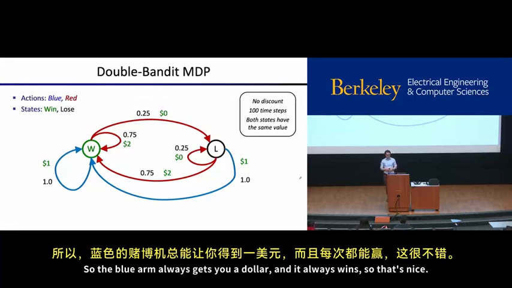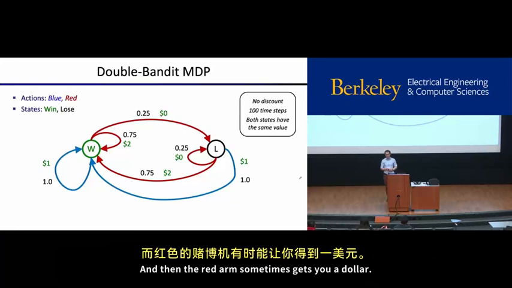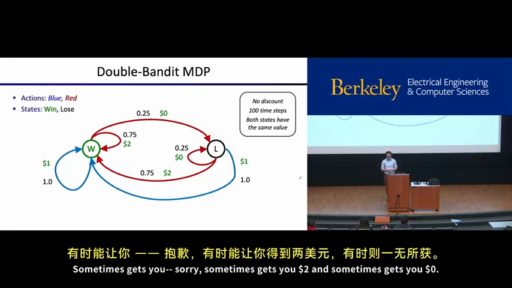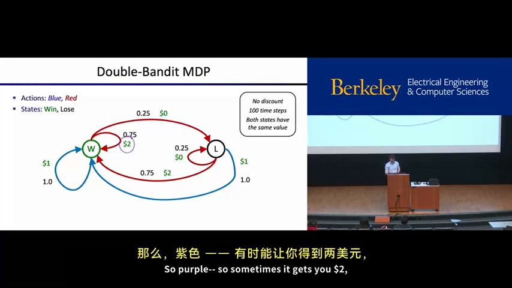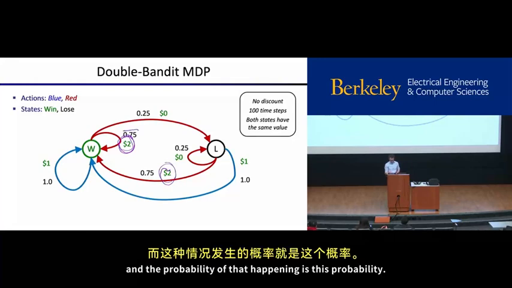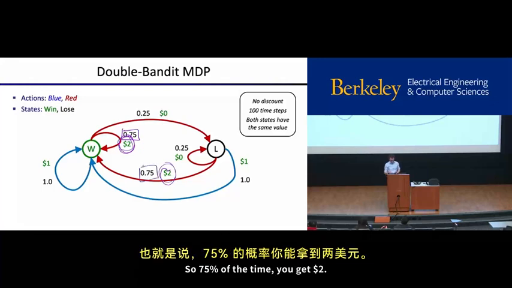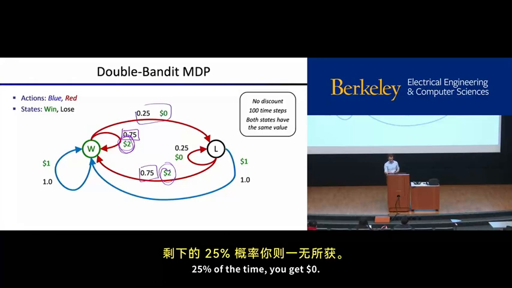But the blue arm always gets you $1, and it always wins. So that's nice. And then the red arm sometimes gets you $1. Sometimes gets you $2, and sometimes gets you 0. So let's see what color I'm on. Yeah, we'll use purple. Okay, so sometimes it gets you $2, and the probability of that happening is this probability. So 75% of the time you get $2, 25% of the time you get $0.